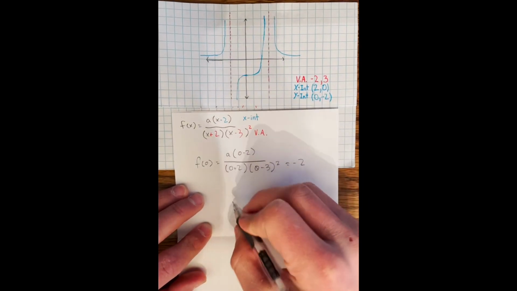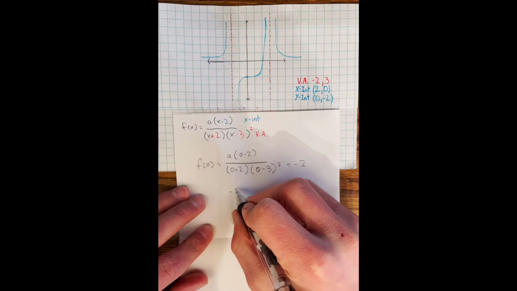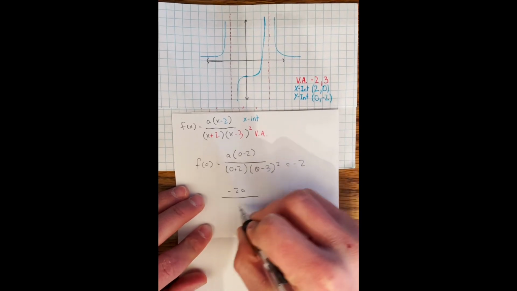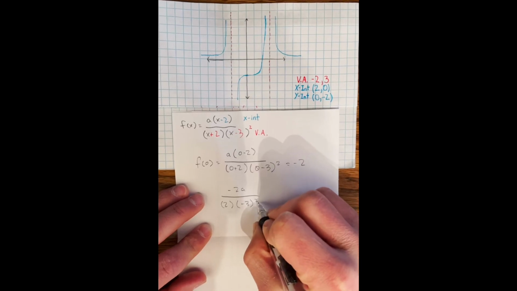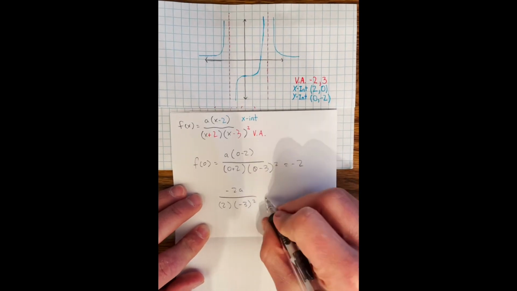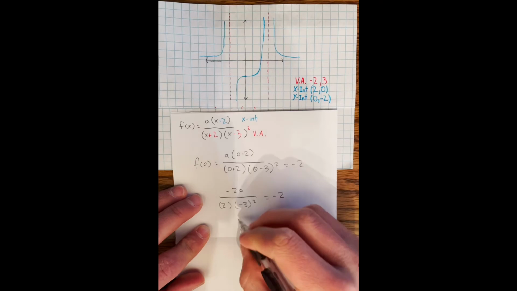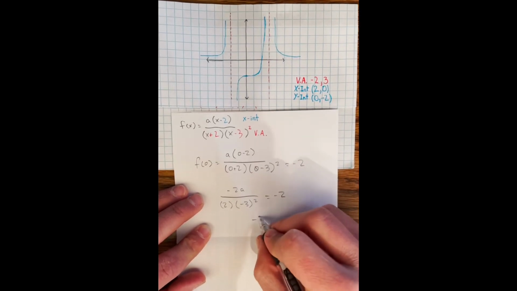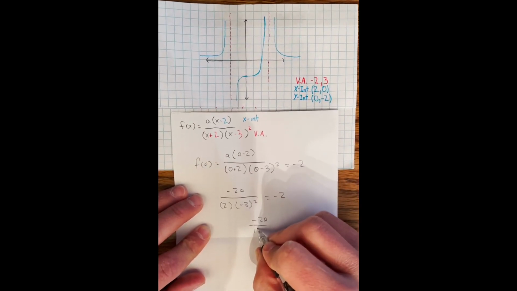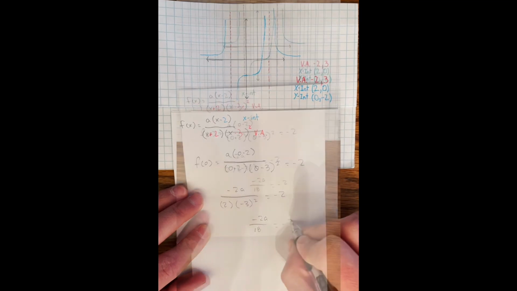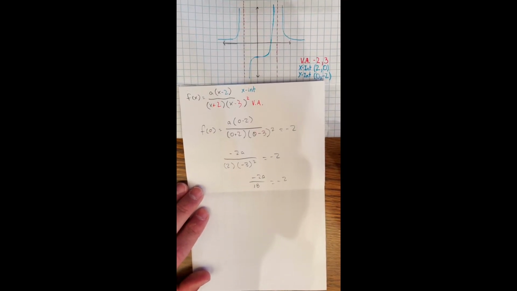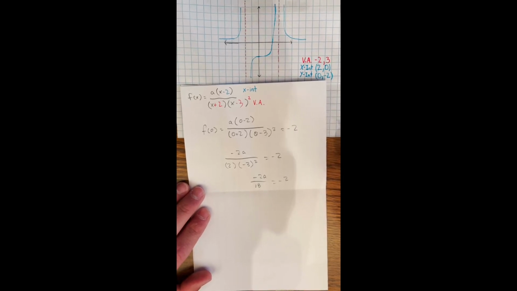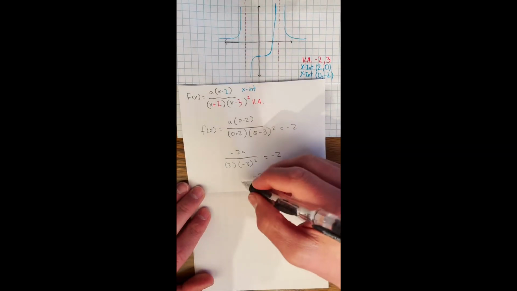Now you simplify your equation. -2a over 2 times (-3) squared, which would be 9, equals -2. So -2a over 18 equals -2. So now you would cross multiply -2 over 18 by 18 over -2, and you would do the same thing to the other side.